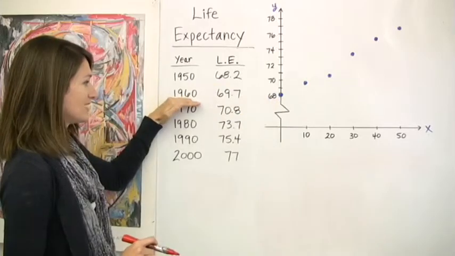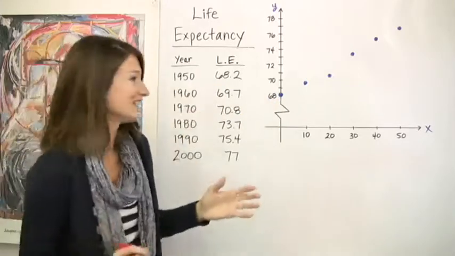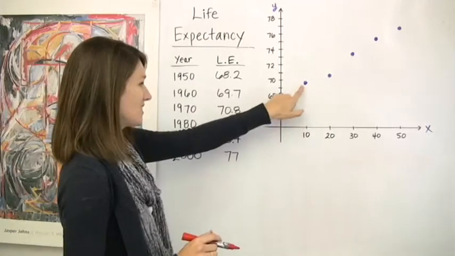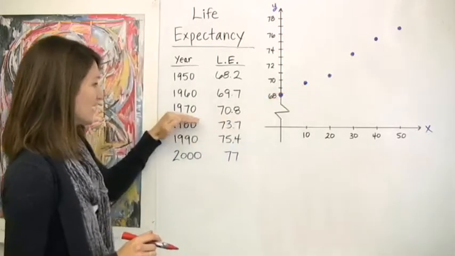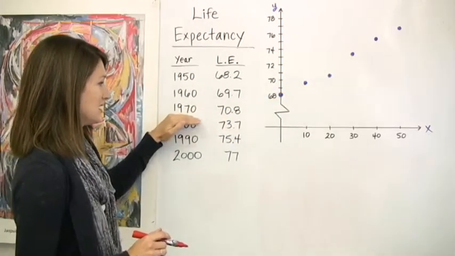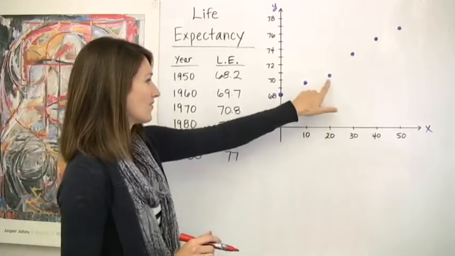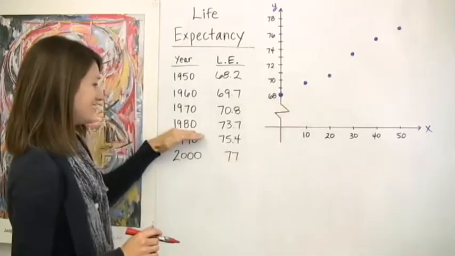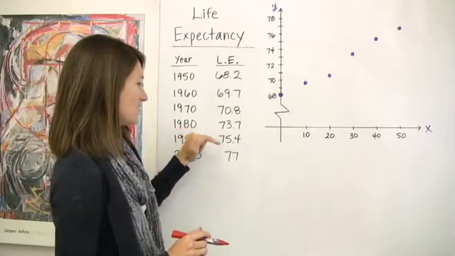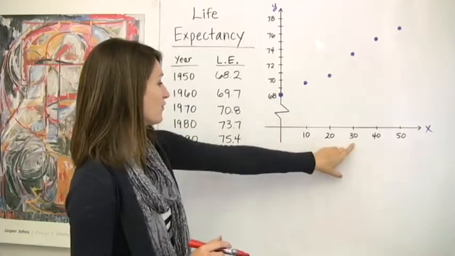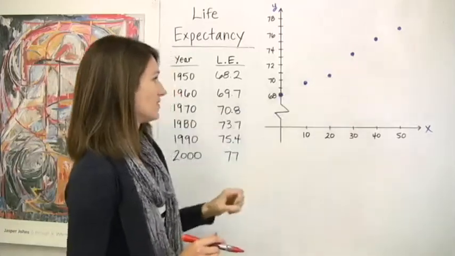Our second point for 1960, our x value is 10. So we plot 10, 69.7. For the 1970 life expectancy, we plot it at 20, 70.8. For 1980, we plot the 73.7 at 30, 73.7.